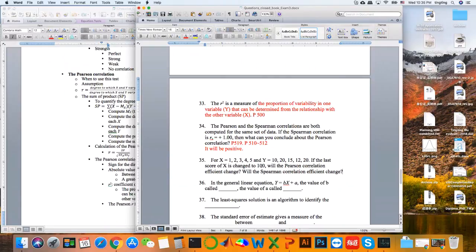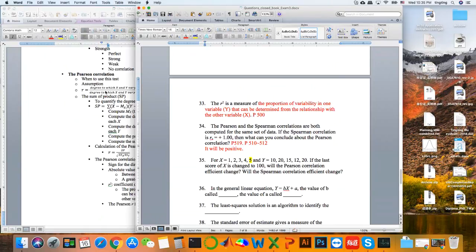For this one, for Pearson correlation, right, we have a set of data x and y. If we change one of the scores, this score, the 5 to 100, where will the Pearson correlation change and where will the Spearman correlation change? So think about the definition of Pearson correlation. It is computed based on the variability of the data.